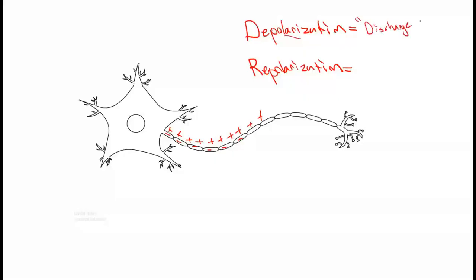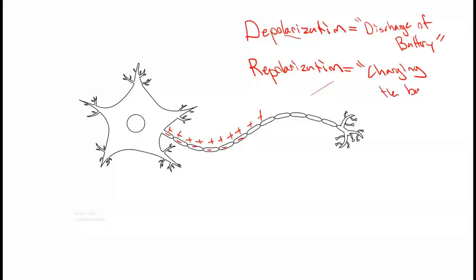It's like the voltage is dissipating. If you think about neurons being like a battery, then when they're being discharged, it would be like using up a battery that you're using for some tool. Okay, repolarization then would be like charging the battery.